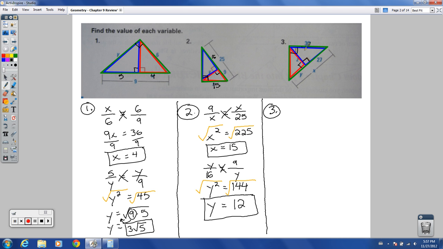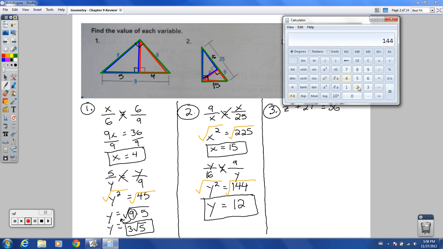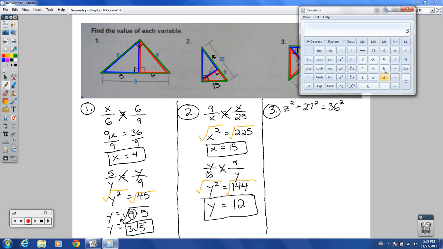So I'm going to start with that, because I notice I have a right triangle right here, and I could use the Pythagorean theorem. I may be able to use similar triangles as well, but I'm going to use the Pythagorean theorem just because that's what I saw first as a possibility. So I'm going to say that that squared plus that squared equals 36 squared. In the blue triangle, that would work out. 27 squared, 27 times itself is 729, and 36 times itself is 1296.